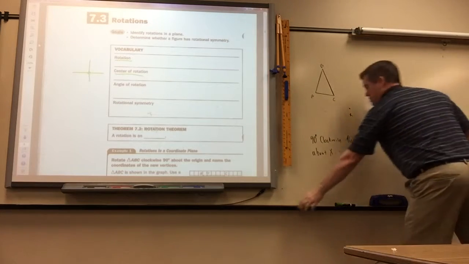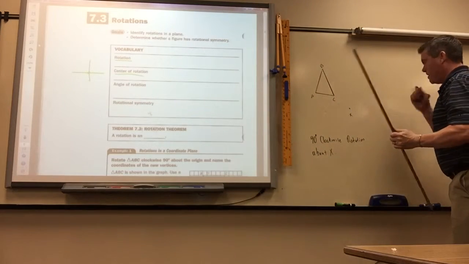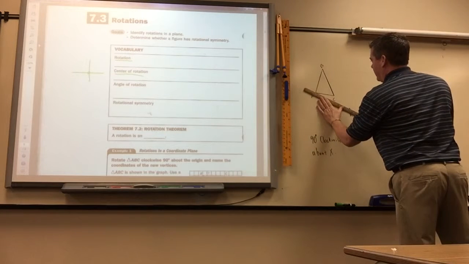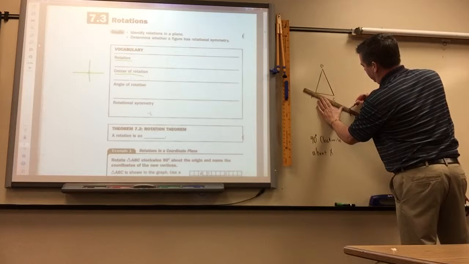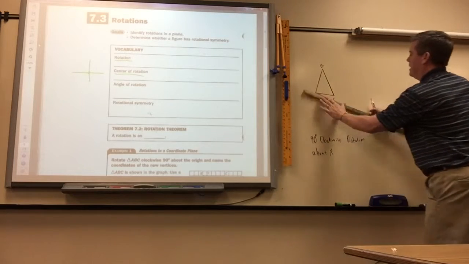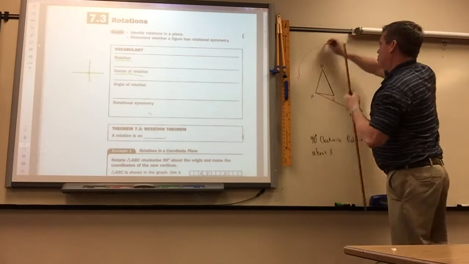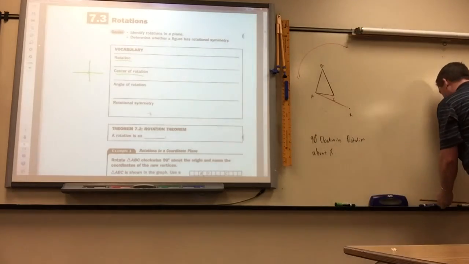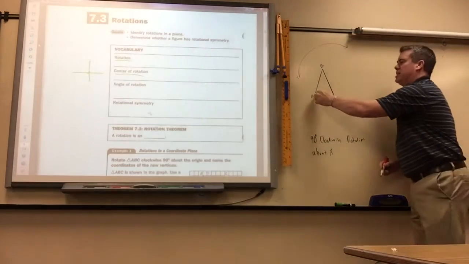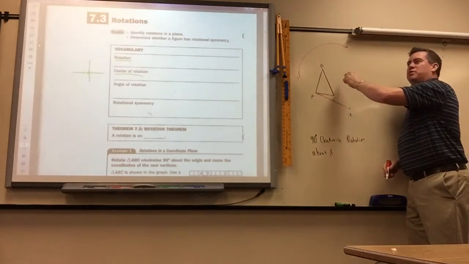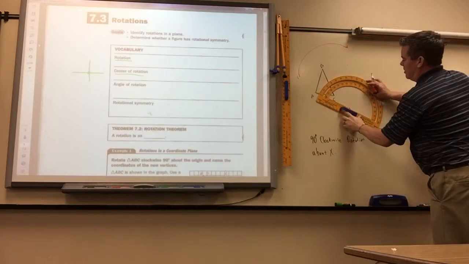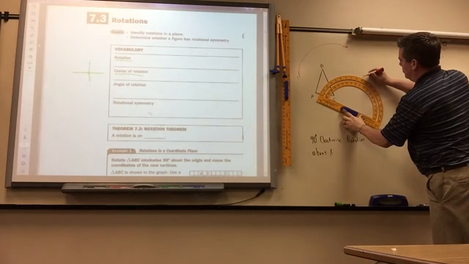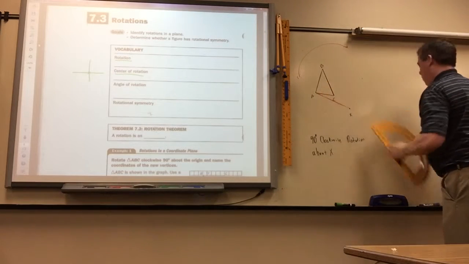So the way you do this then is you draw a line. Clockwise is this way. So A is going to rotate up over here somewhere a fourth of a turn. So we have to make a 90-degree angle right there.